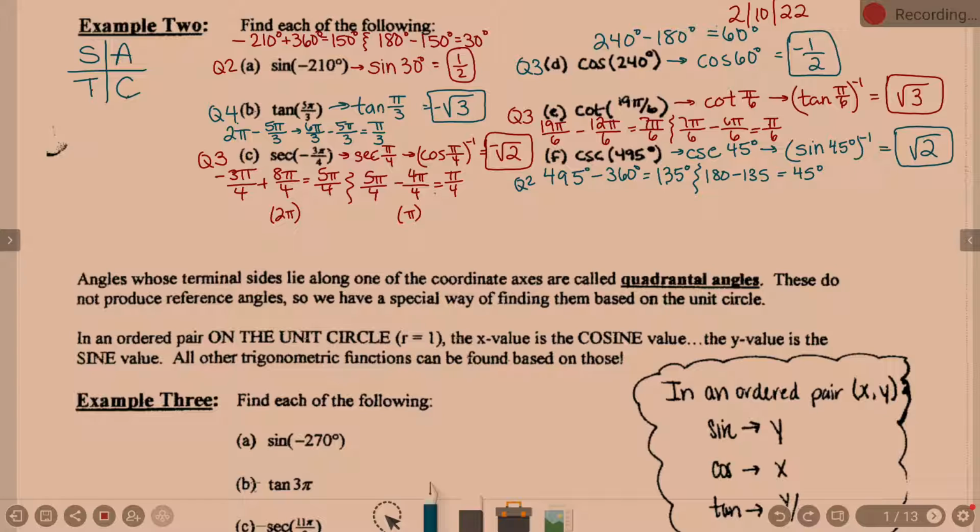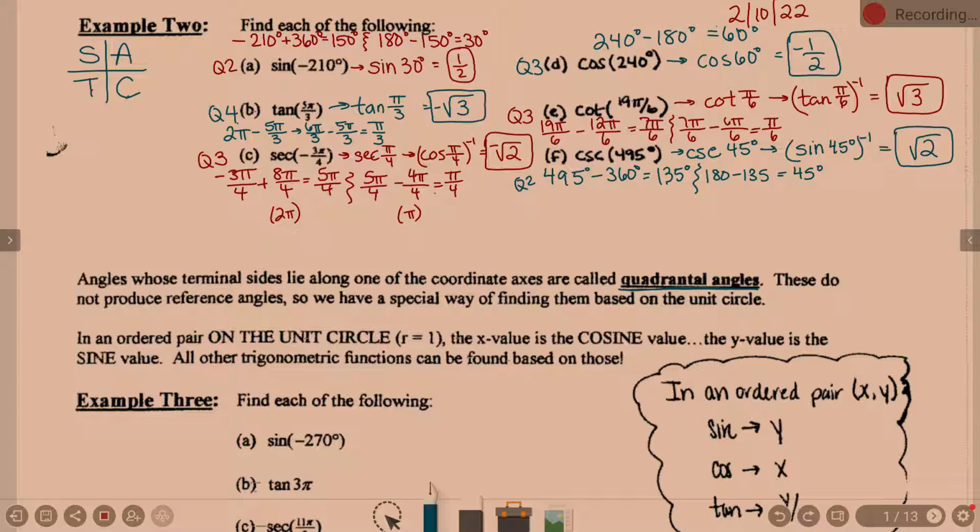Now, the bottom half, I have the examples on the next screen, but we'll talk here for a moment. Angles whose terminal side lie along one of the coordinate axes are called quadrantal angles. We actually talked about quadrantal angles yesterday in the homework questions, and I showed you one way to talk about them. Remember how I drew a physical triangle that had a side length of 0?